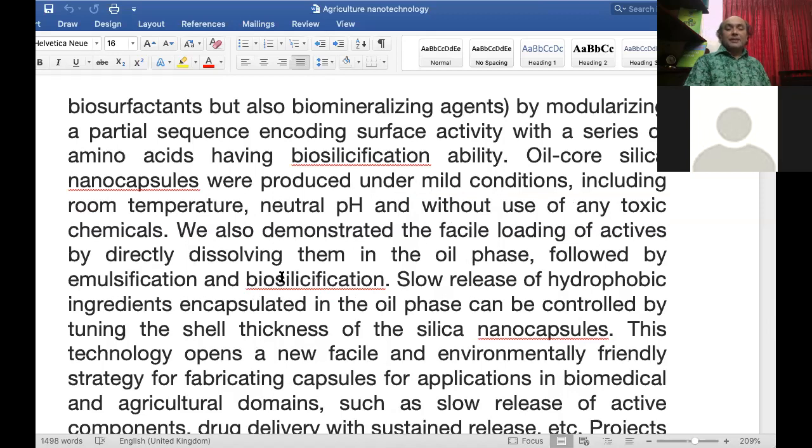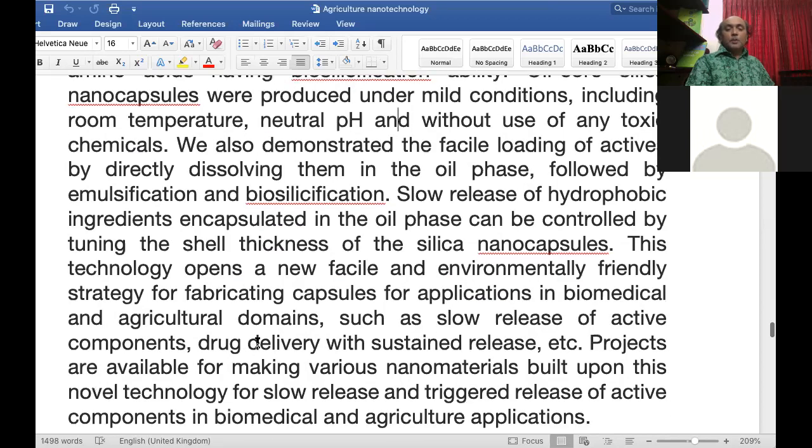That means silicate can be added to your active ingredient. Slow release of hydrophobic ingredients encapsulated in the oil phase can be controlled by tuning the shell thickness. This is telling how you can make silica nanocapsules.